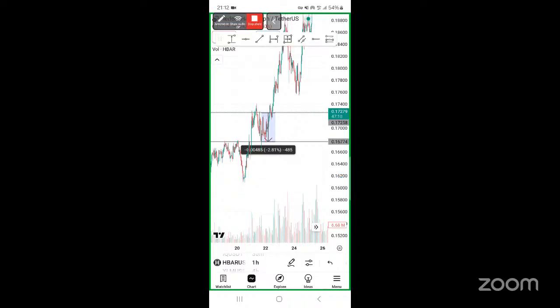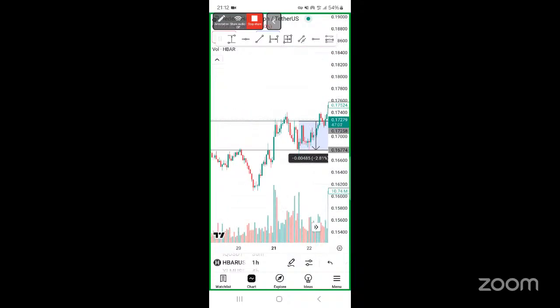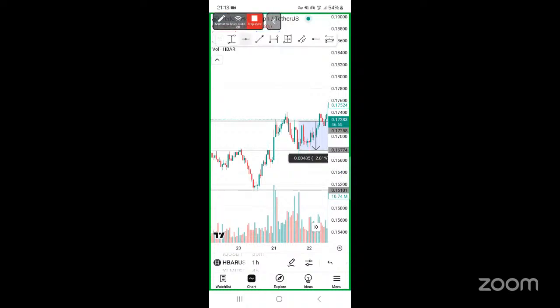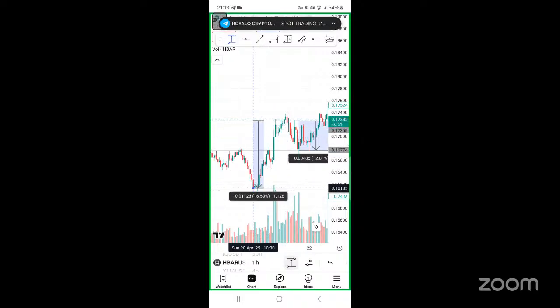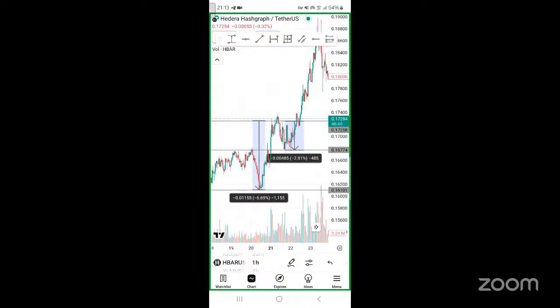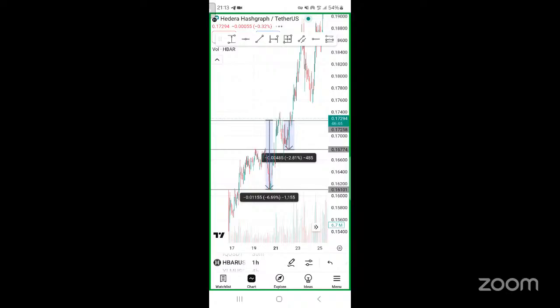So I am going to draw and put my measure from the current price down. It's -6. Can you see that?